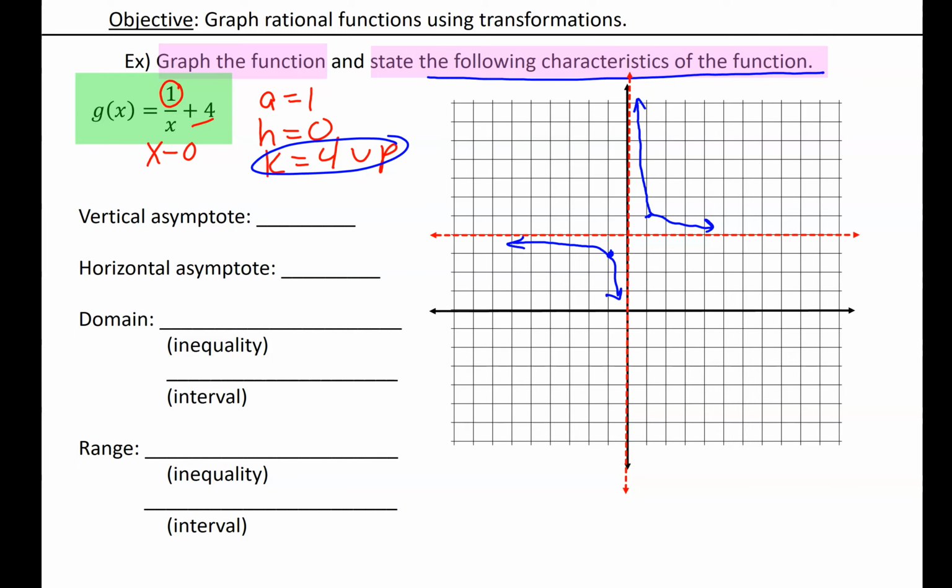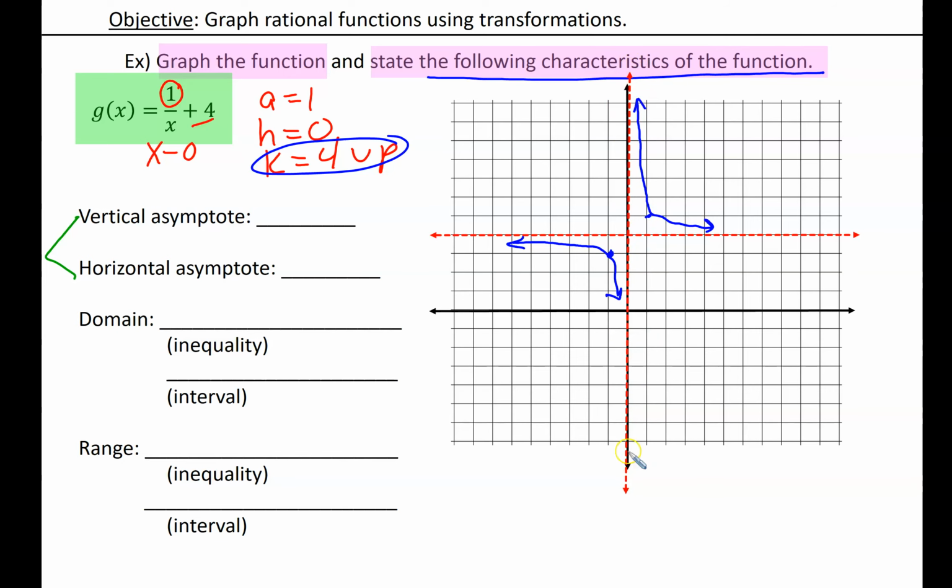So now I'm going to take a look at these characteristics. When you're doing vertical and/or horizontal asymptotes, remember that they are equations of lines. So equations have at least one variable, an equal sign, and a number. A vertical asymptote is defined by all of its x values.